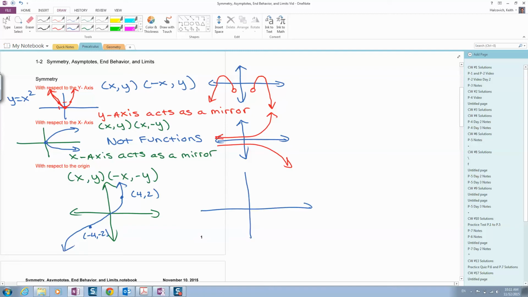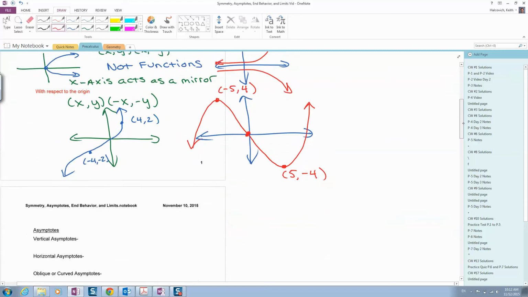Something else that would be symmetric to the origin would be something like that. Symmetric to the origin, because notice the origin acts as a mirror. It's basically symmetric diagonally. You have the opposite x and opposite y in both cases. Like if this was -5 and 4, this would be 5 and -4.